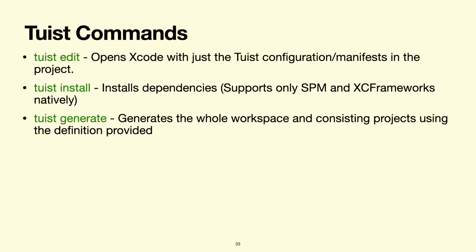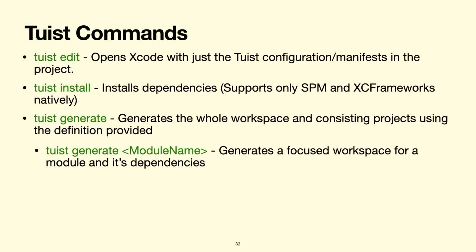And then you have Tuist generate. This is the one which generates the whole workspace and projects for you based on the manifest that you wrote using Tuist edit. And then you have Tuist generate with a module name. This is the focused workspace command where you give it a module name, and it uses that module name as a reference to do the tree shaking and eliminate all the adjacent nodes.